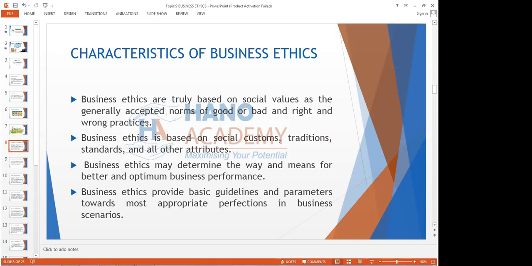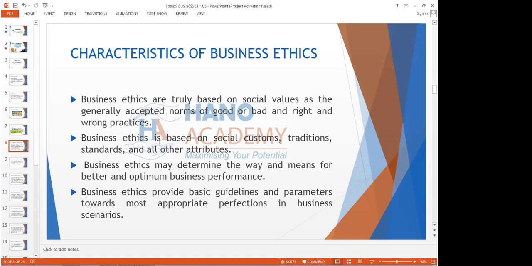So business ethics are truly based on social values as the generally accepted norms of good or bad, right and wrong practices. These social values of demonstrating what is good or bad, right and wrong practices are what business ethics is all about.